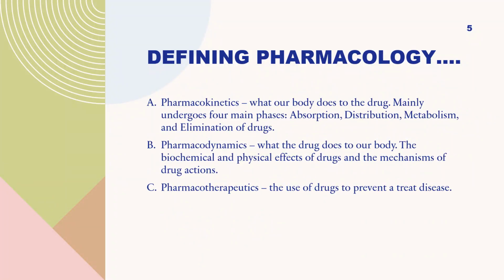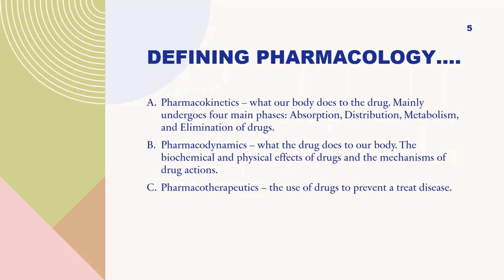Let's dive deeper. So pharmacokinetics is simply what our body does to the drug. It mainly undergoes four main phases: absorption, distribution, metabolism, and elimination of drugs. So just remember it simply. Pharmacokinetics is what our body does to the medication.